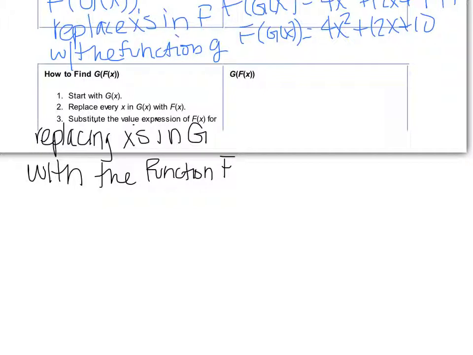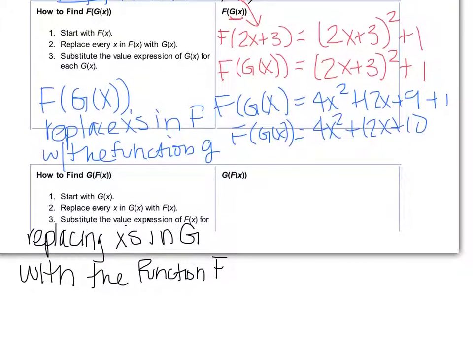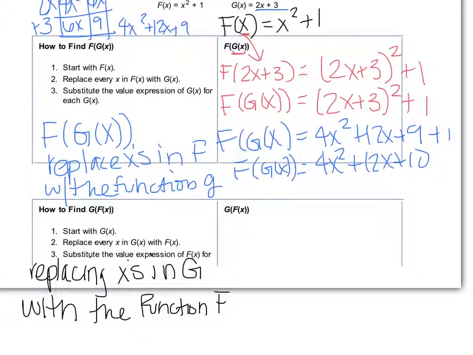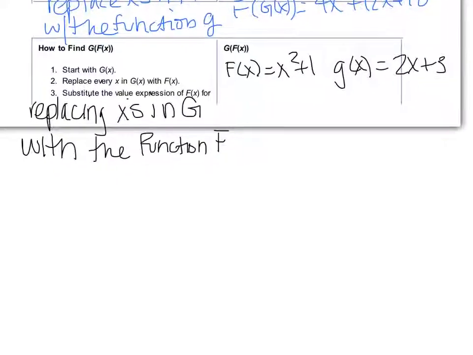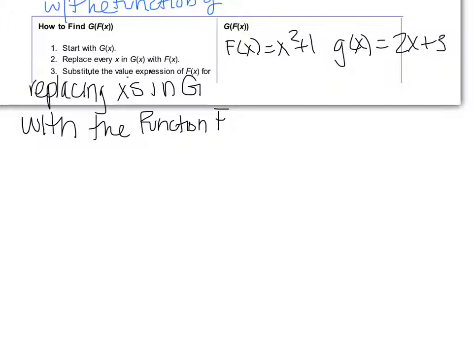Remember, let's see what we had written up here. I'm going to write them again. We have f of x equals x squared plus 1, and g of x equals 2x plus 3. So when it asks for g of f of x, what you're supposed to do is take this part, f of x, and plug it in for x in the g function.